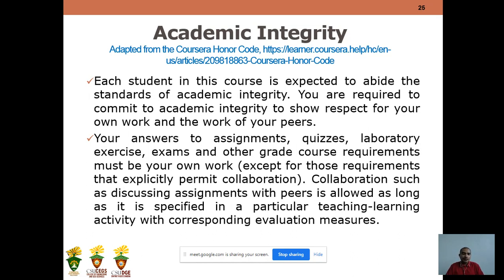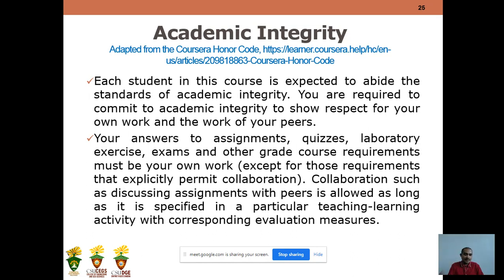If I tell you as an instructor that you can collaborate with your group mates on the idea of how these things work and how this laboratory exercise works, then create a laboratory report out of your collaboration, then that is allowed. But quizzes and individual assignments, it is strictly not allowed. And collaboration such as discussing assignments with peers is allowed as long as it is specified in a particular teaching learning activity with corresponding evaluation measures.